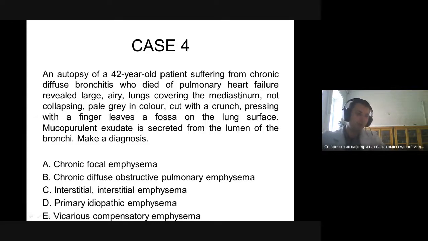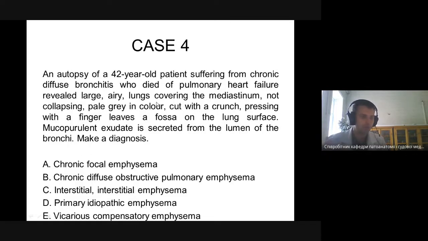Normally, the lungs are on both sides of the heart, but they cannot cover it. They are not collapsing, pale gray in color, so they contain a lot of air. Cut with a crunch, pressing with a finger leaves a fossa on the lung surface. Mucopurulent exudate is secreted from the lumen of the bronchi. Make a diagnosis. That was emphysema.